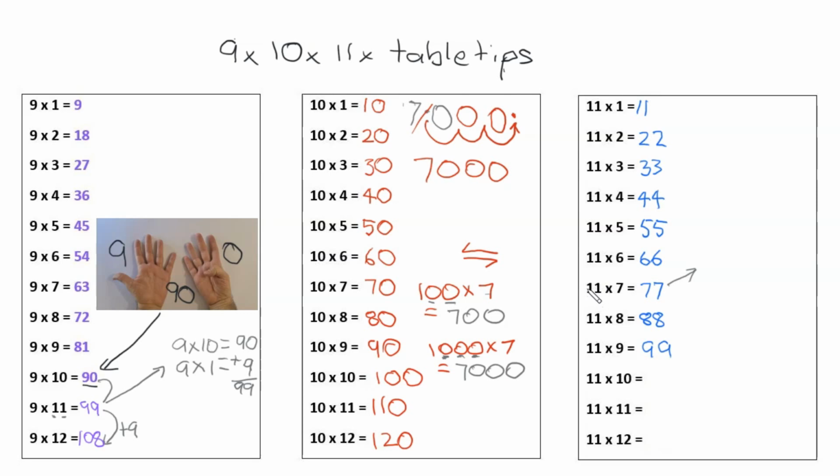It's not a 1, is it? It's really a 10. So you've got 7 times 10, which equals 70. And then you've got the 7 times 1, because that's your place value, which equals 7. And when you add them together, of course, you get 77.